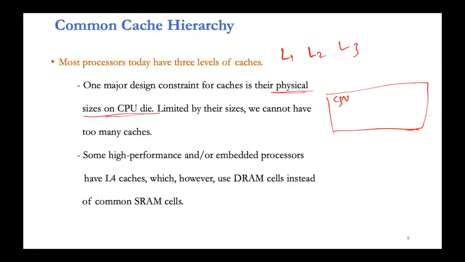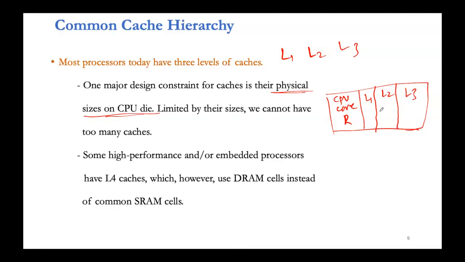There is a CPU core. In the CPU core, registers are there, and then the L1 cache, which is bigger than your registers. Then the L2 cache, which is bigger than L1, and the L3 cache, which is bigger than your L2.